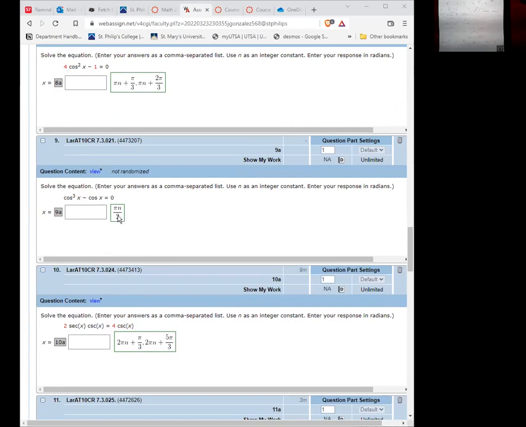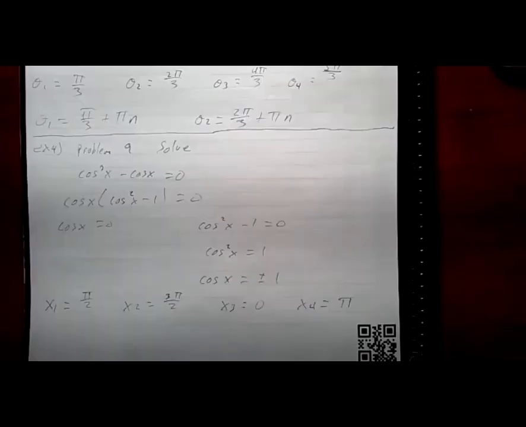They didn't write my 4 solutions. Even though my answer is true, they combine them with this, because this will land on all 4 over and over again forever. Where n is 1, 2, 3, 4, 5, 6, all the way to infinity, or 0, -1, -2, -3, till -infinity. So it'll just keep going around and around, landing on those 4 corners here.